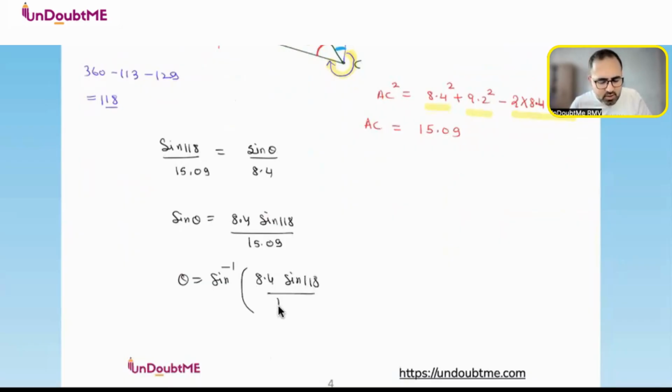When you're typing it in the calculator, make sure you're typing it properly. If anyone is not getting the answer using the calculator, let me know. I'll show you how to actually type it.